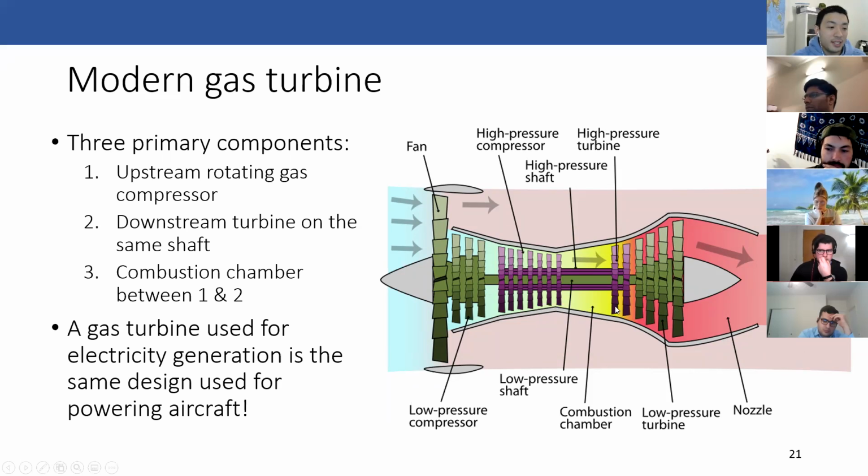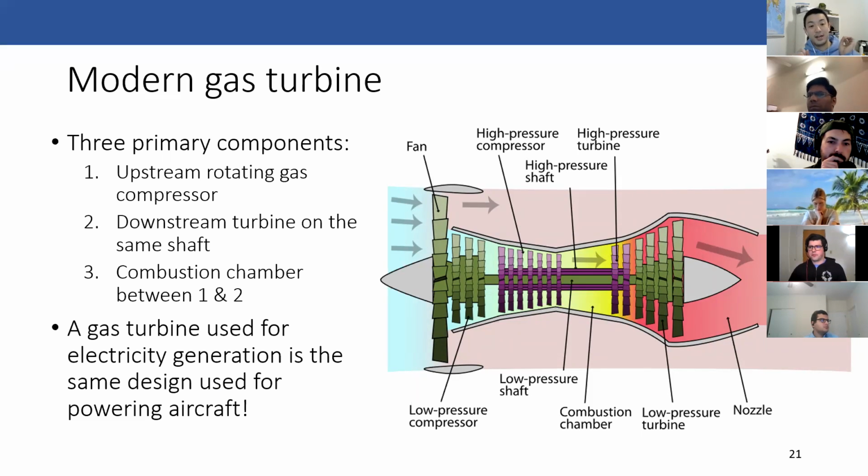The second piece is a turbine on the same shaft that's downstream of that. And that is getting spun by essentially the hot gas. So in between the upstream and downstream components of your turbine, you have a combustion chamber.